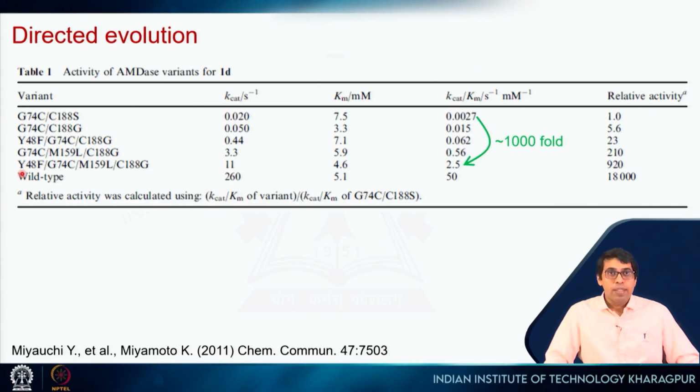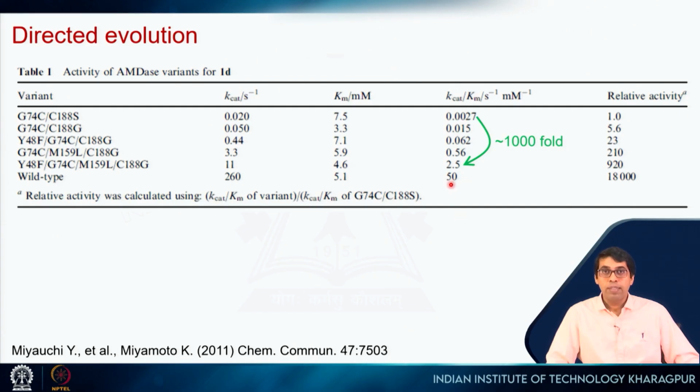So you can see this is the final result. Tyrosine 48 was mutated to phenylalanine, glycine 74 got mutated to a cysteine, methionine 159 got mutated to leucine, cysteine 188 got mutated to glycine, right? And the kcat over Km for the original mutant was this. Here it got improved to 2.5. So there was a 1000-fold improvement.